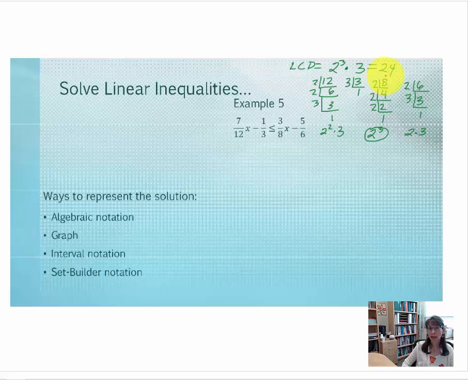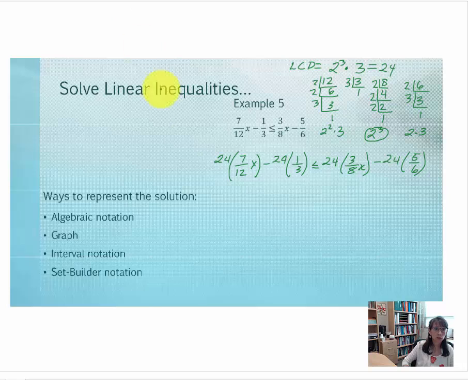So I need to multiply every term in the inequality by 24. So I'll have 24 times 7/12 x minus 24 times 1/3 less or equal to 24 times 3/8 x minus 24 times 5/6.